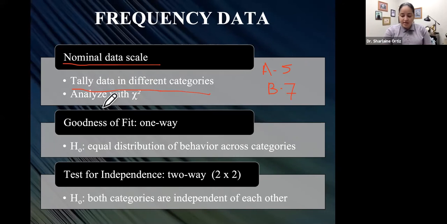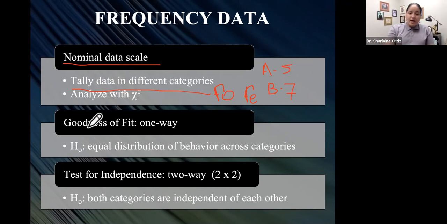In order to analyze that nominal data, we conduct the chi-square. We're trying to observe the differences between the frequency that I observed versus the frequency that I expected to see. For example, what did I expect students to get on the test, and what did they actually get on that test?